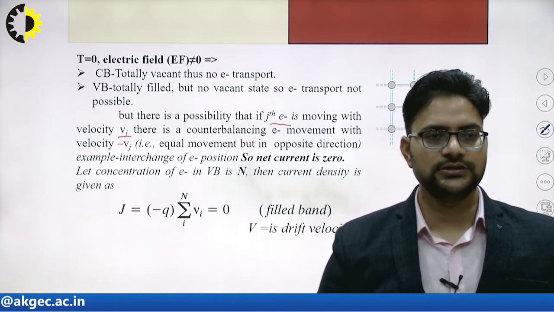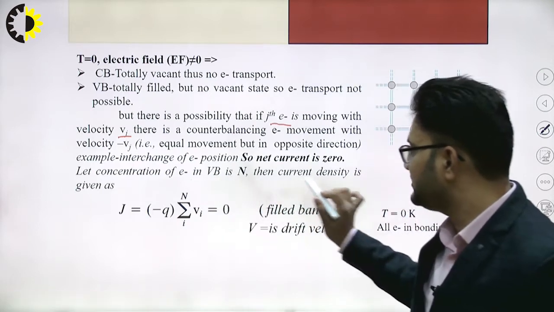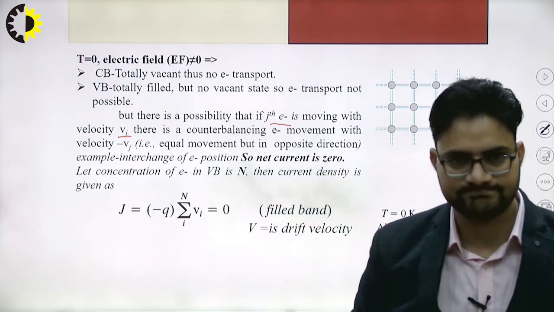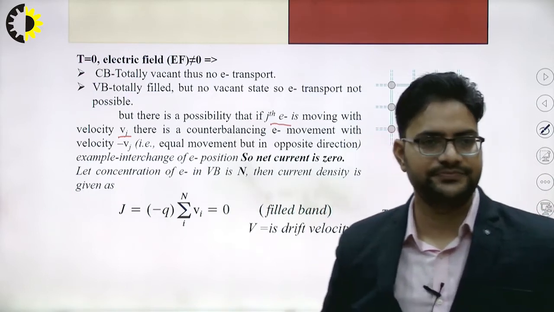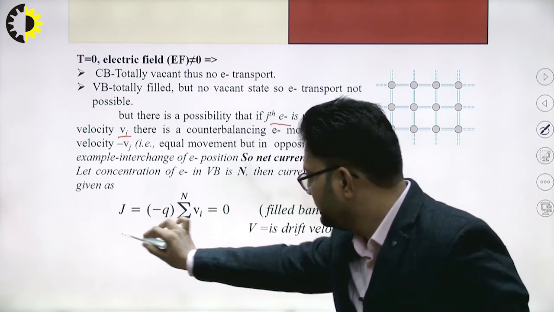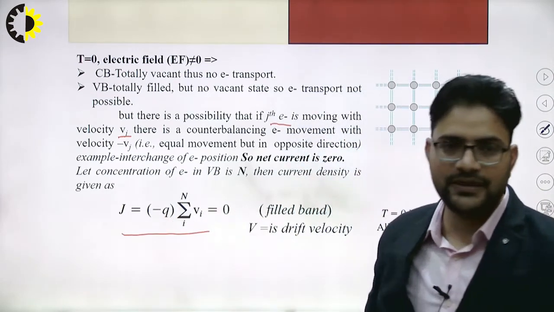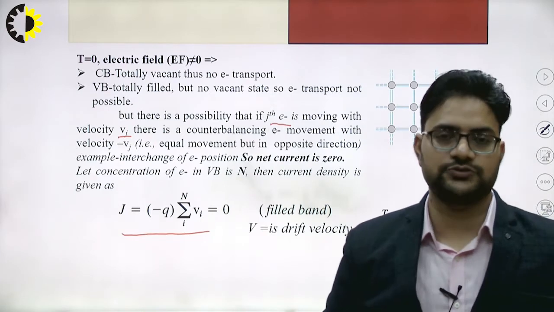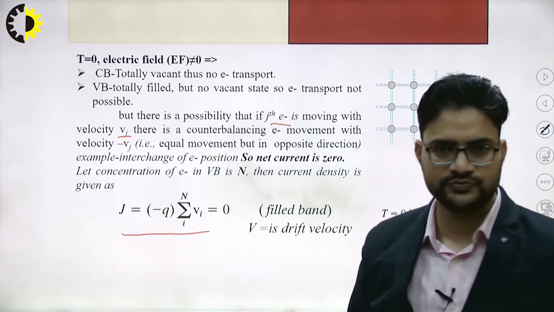If you consider the concentration of electrons in the valence band as n, and the current density as J, then the current density is given by the formula minus q multiplied by the sum of all the electron velocities, which is equal to 0, right?